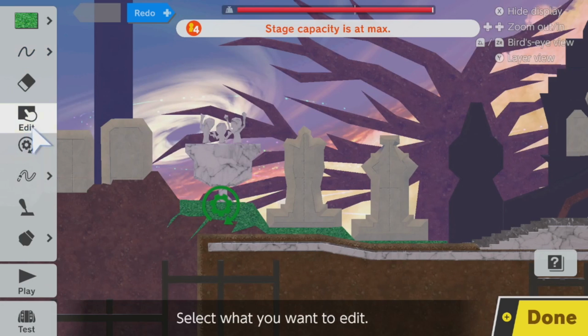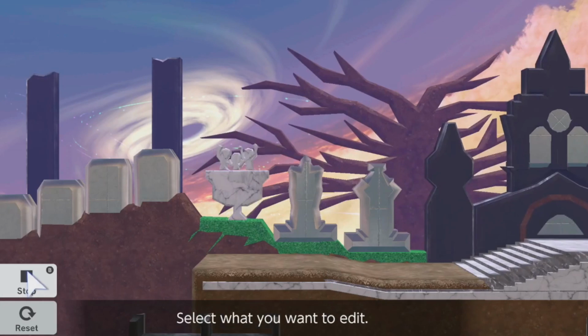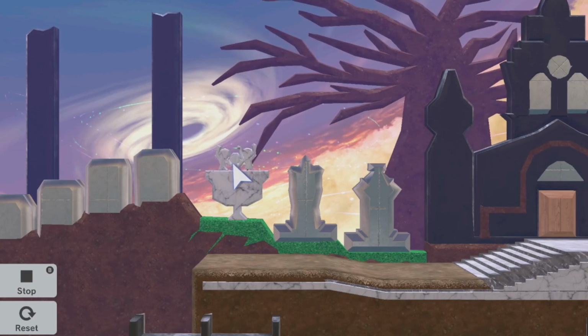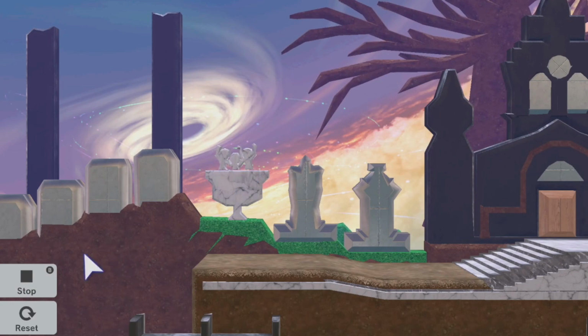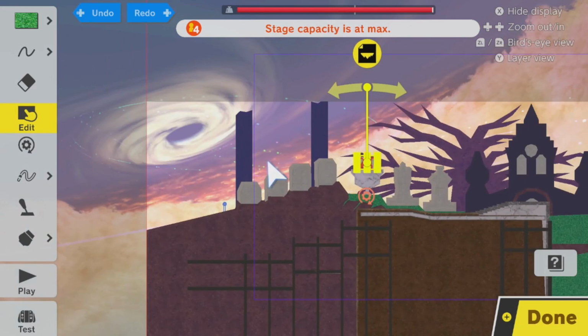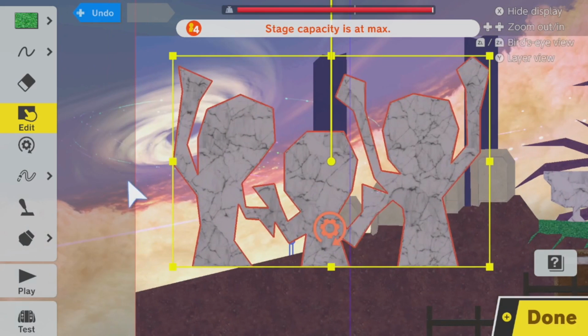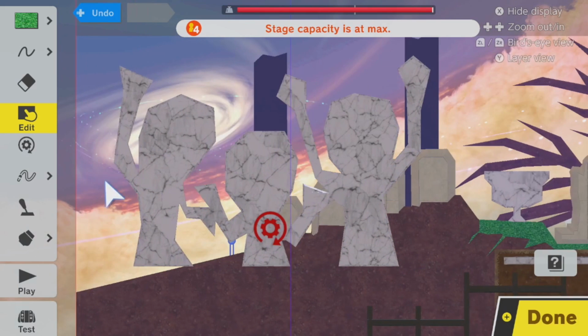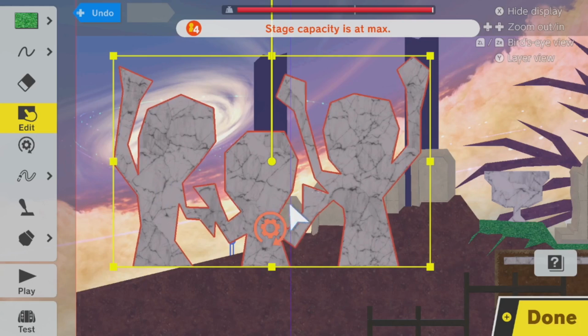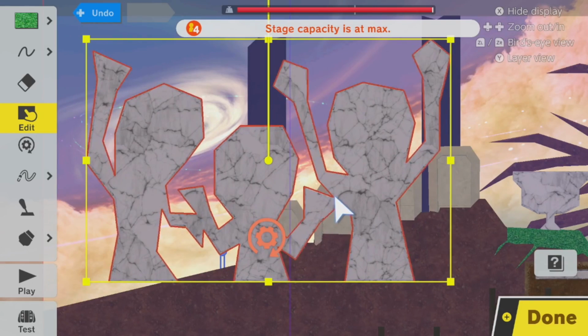Like this, for example. This guy, or these little guys, what are they called? The messengers in Bloodborne. So if we take a look at these guys, you can see how I made them. And again, they look like they take up 3 pieces, but they only take up 1. You can see where they connect here.